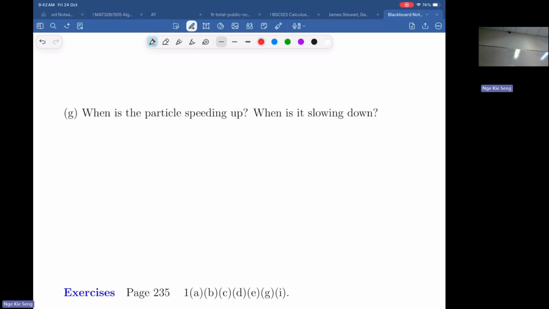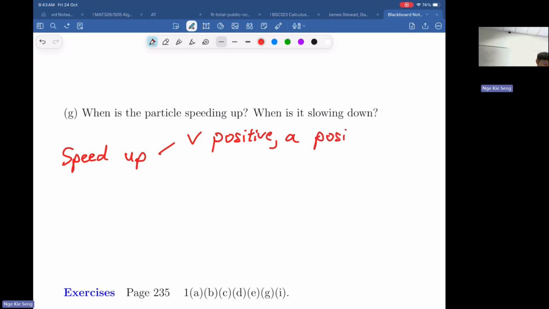So we can accelerate in the positive direction. We also can accelerate in the negative direction. So actually, when the particle speeds up, it means that your velocity is positive and acceleration is also positive, or your velocity is negative and your acceleration is also negative.